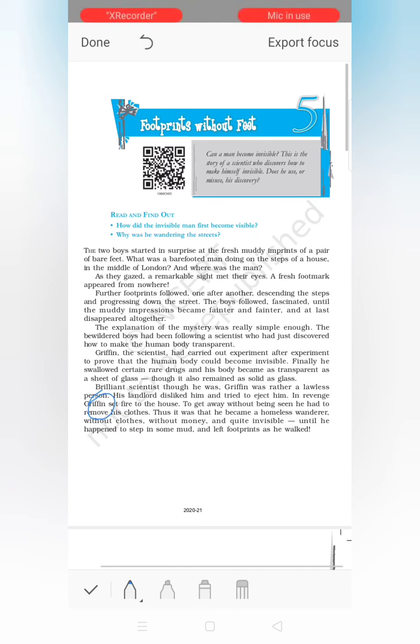The 2 boys started in surprise at the fresh muddy imprints of a pair of bare feet. What was a barefooted man doing on the steps of a house in the middle of London? And where was the man? As they gazed, a remarkable sight met their eyes. A fresh footmark appeared from nowhere.